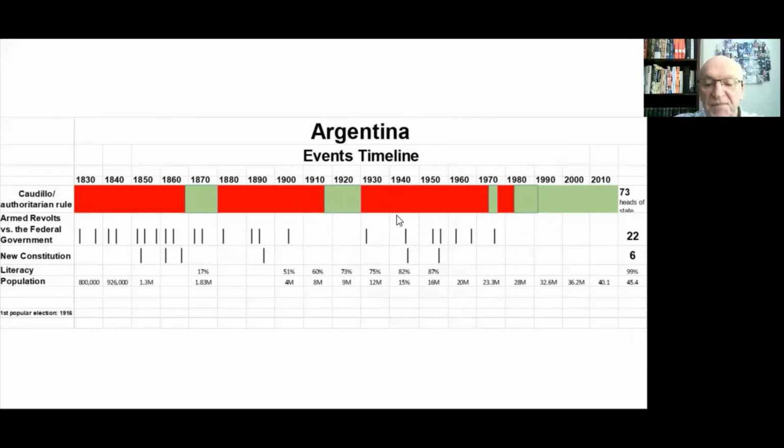But then came Perón, Juan Domingo Perón. He came into the picture around 1943 when he was a colonel and he participated in a coup. He became the Minister of Labor, and eventually, 3 years later, he became the President of Argentina.